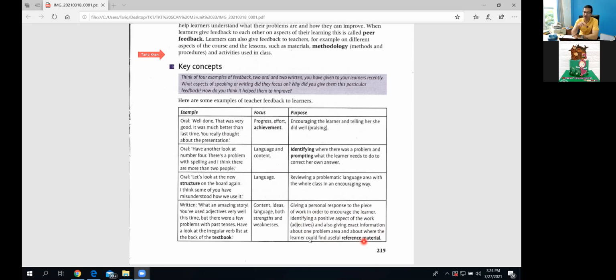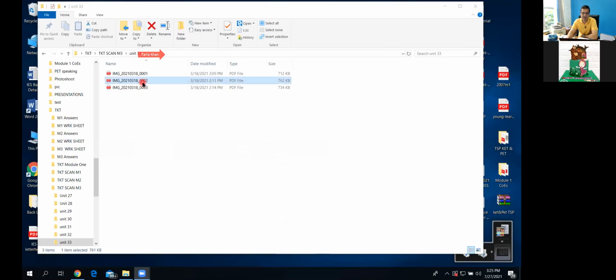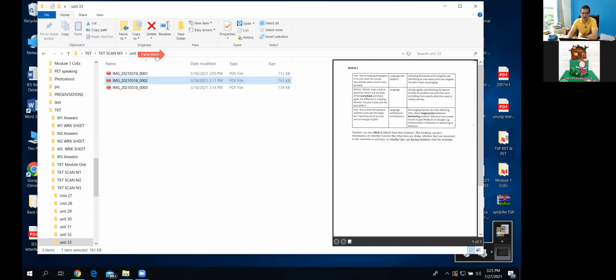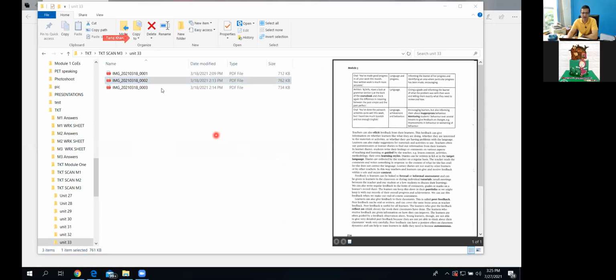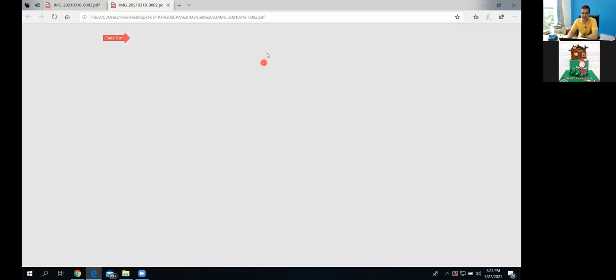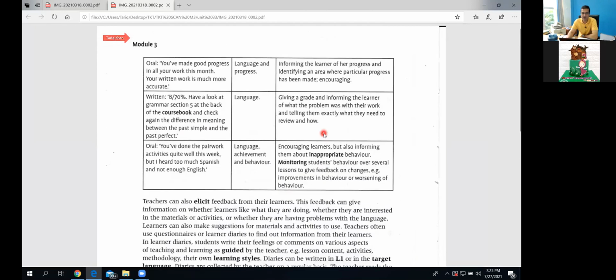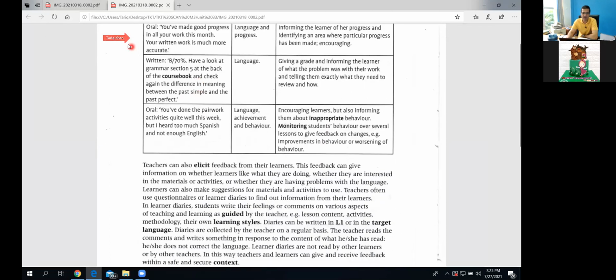You're not only pointing out the area and what they are supposed to do, but also where they can find the material to improve and work on it. Whether in written or oral way, these feedback dialogues just need to be noted down with you, and you can utilize them in different ways.